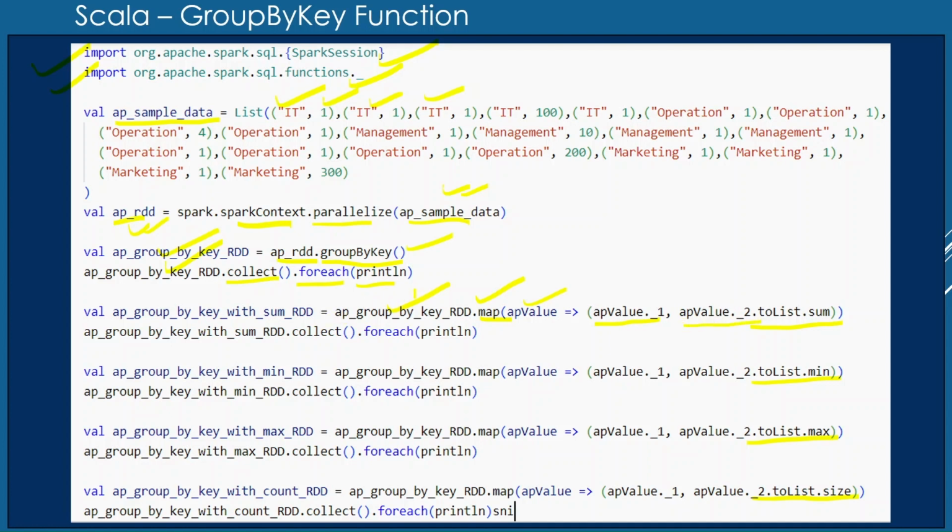Whenever we are talking about the group by key function, it will always work on a key value pair. So we can see that the first object, underscore one, is going to give the key. In our case the key is IT or operation or marketing, and underscore two is going to give you the array value.